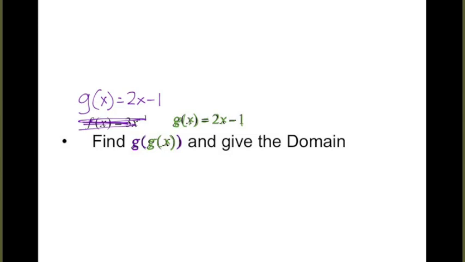So to do a composition, we write the outside function, but leave a blank instead of the variable. So instead of 2x minus 1, it's 2 blank minus 1. And in that blank goes the inside function.